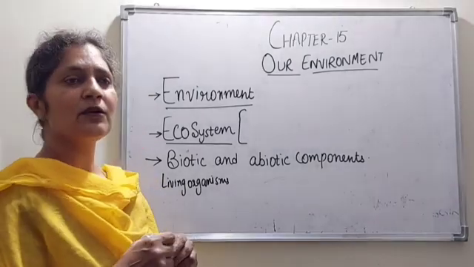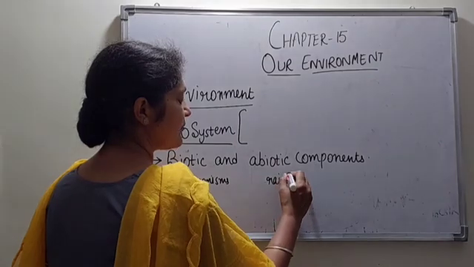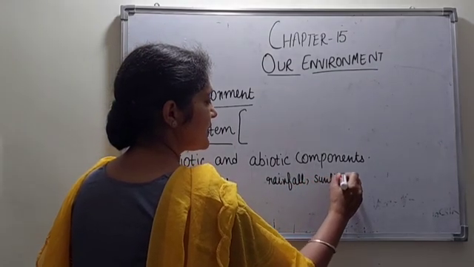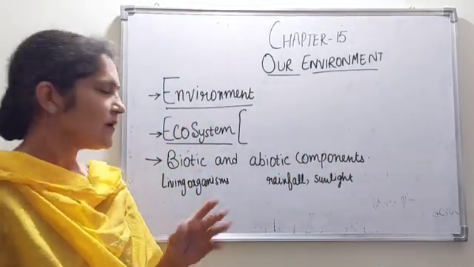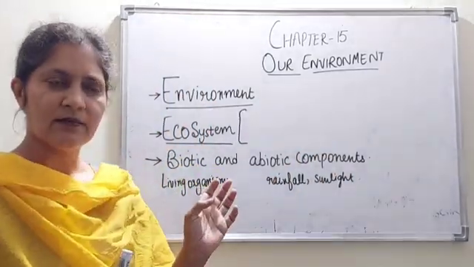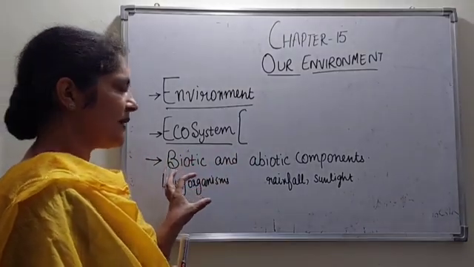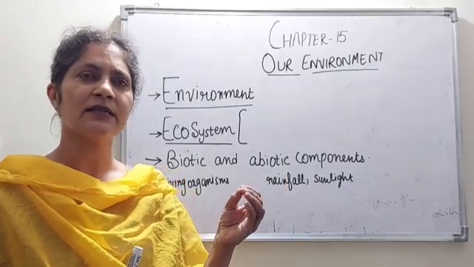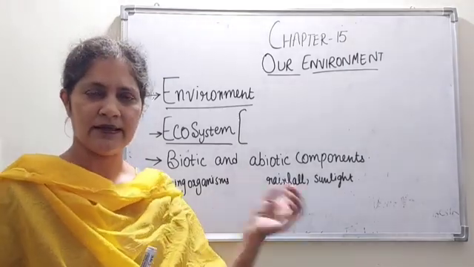And the abiotic components are like rainfall, sunlight, etc. These are the physical components affecting the ecosystem. So these are the two types of components: biotic components and abiotic components, which are the physical features like rainfall, sunlight, etc.